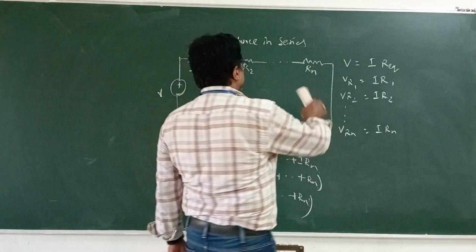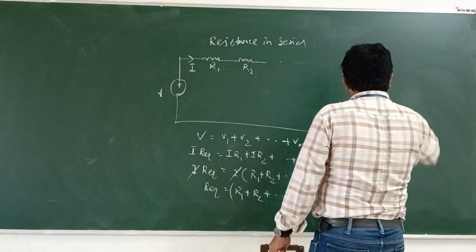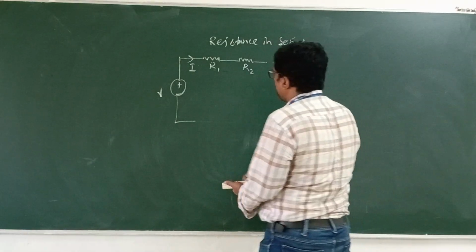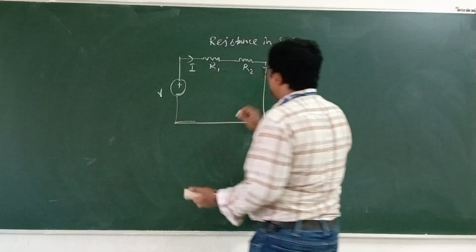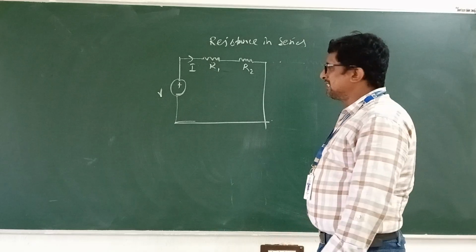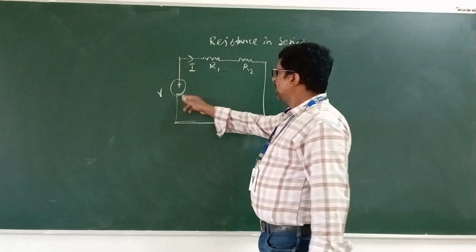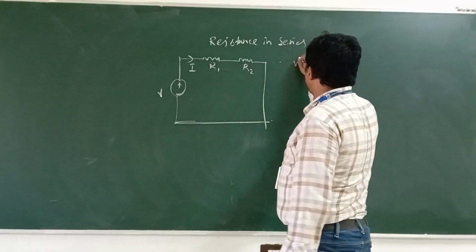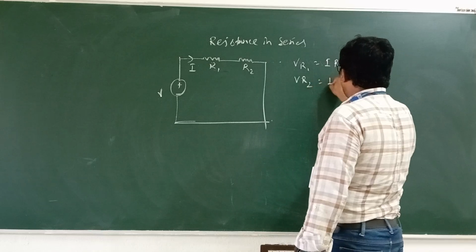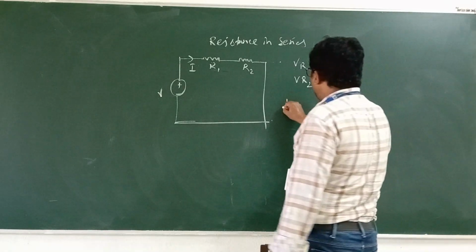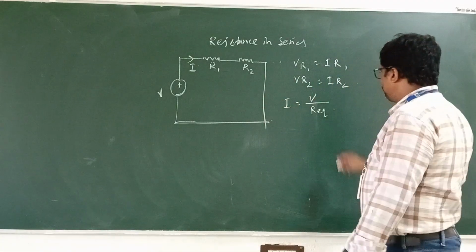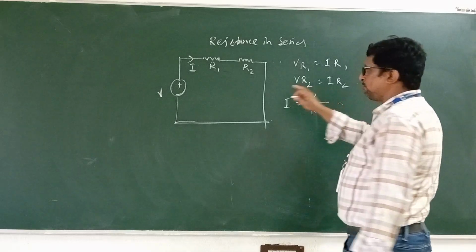When we consider resistances in series, another extension of this is voltage division. Let a circuit consist of two resistors R1 and R2, both in series with a single voltage source V. The voltage across R1 equals I into R1 and the voltage across R2 equals I into R2, whereas I equals V by the equivalent resistance of the circuit, which is R1 plus R2, because these two are in series.